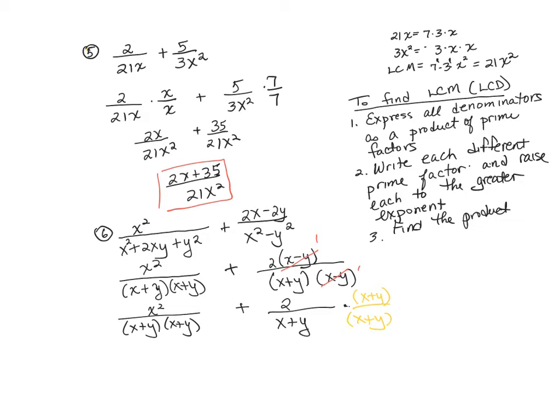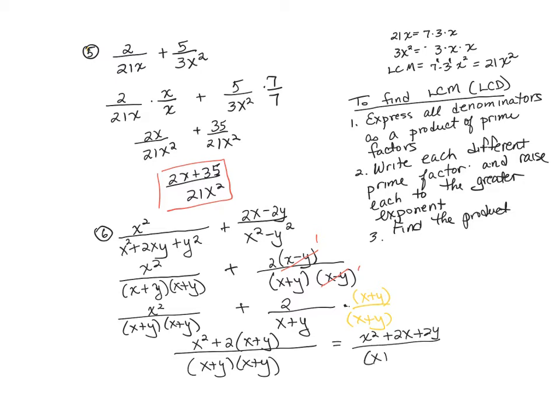So we have here x squared plus 2 times x plus y, all divided by x plus y times x plus y. When we multiply this out, we get x squared plus 2x plus 2y over x plus y times x plus y.